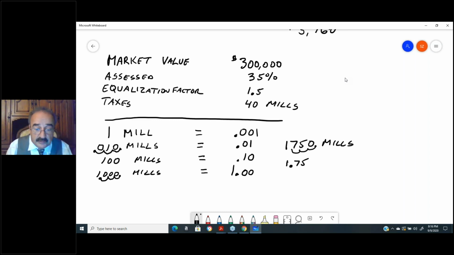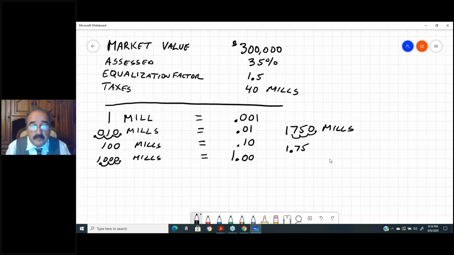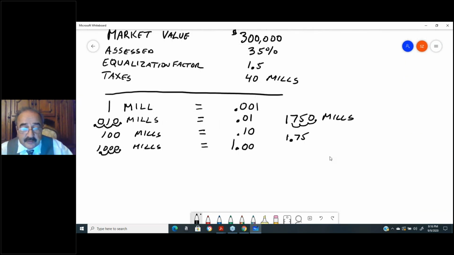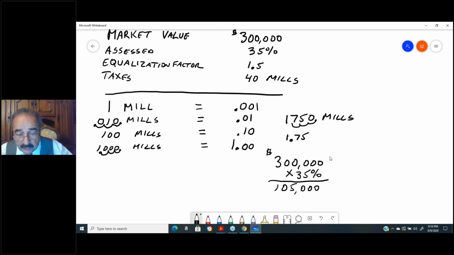Okay, so let's solve this problem right now. Let me move it up a little bit. So the property has a current market value of $300,000. Again, properties are never taxed at the full market value. They're always taxed at a fraction of the market value. In this case, it happens to be 35%. Multiply this by 35% will give me $105,000. That's called the assessed value. Now we have an equalization factor of 1.5.